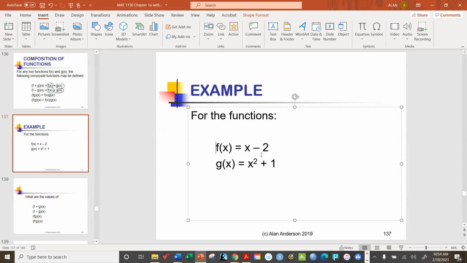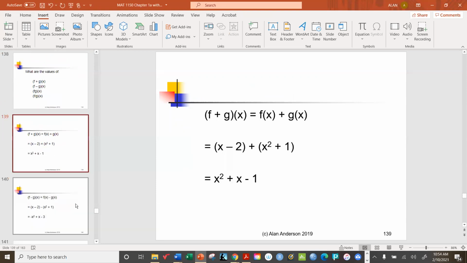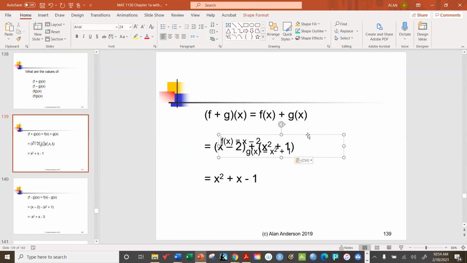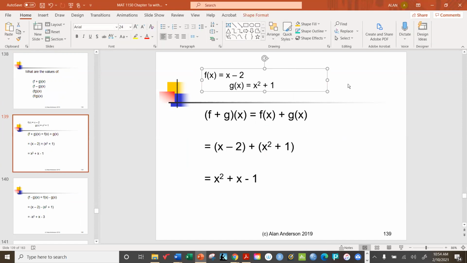And let me copy these so we never have to keep scrolling back and forth. We'll start with, let's see, here we go. So just to remind you what these functions are, in this case, it couldn't be any easier. You literally just add those two together and combine them.